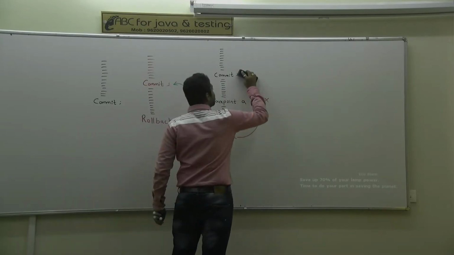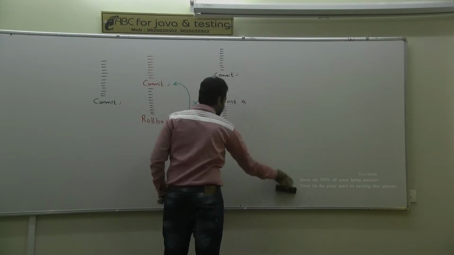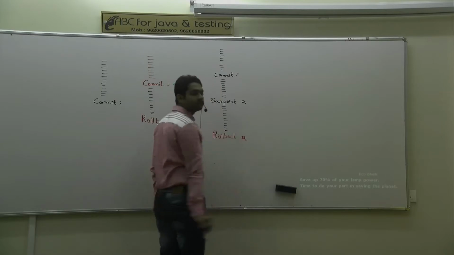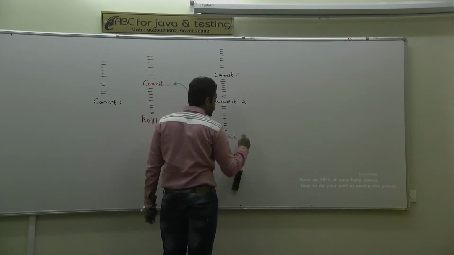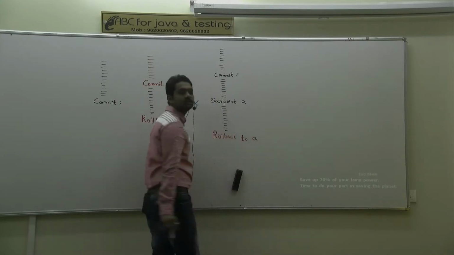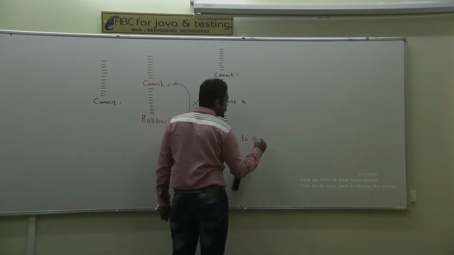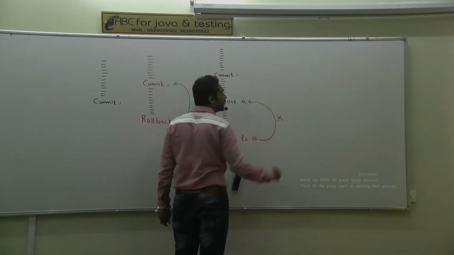I should be telling specifically that you have to undo the changes, you have to roll back, but only until A. Roll back to A is what you have to tell. Now if you tell this much, until here it will be undone.